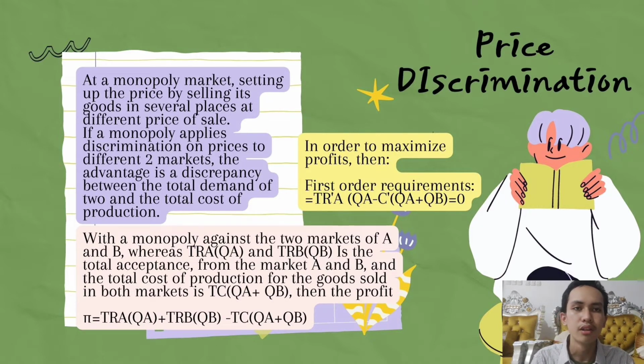Delta pi over delta QB equals TR prime B in parentheses QB minus C prime in parentheses QA plus QB equals 0. So TR prime A in parentheses QA equals TR prime B in parentheses QB equals C prime in parentheses QA plus QB.